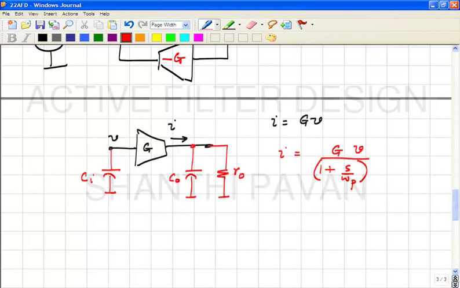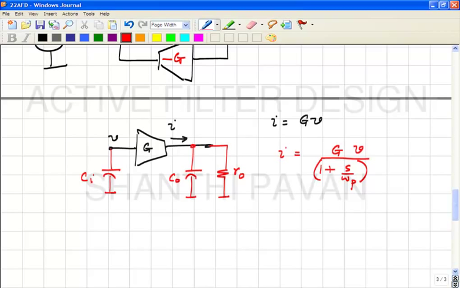And what would you want omega P to be? Of course, as high as possible, which is infinity, but it can't be infinity. So what do you think a reasonable estimate is for omega P? Of course, it shouldn't be in the passband of the filter. So you are hoping that this omega P would be much higher than the passband edge of the filter.